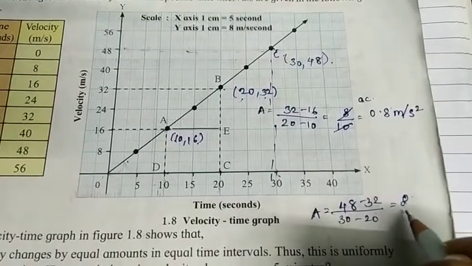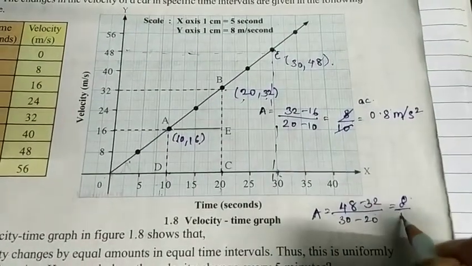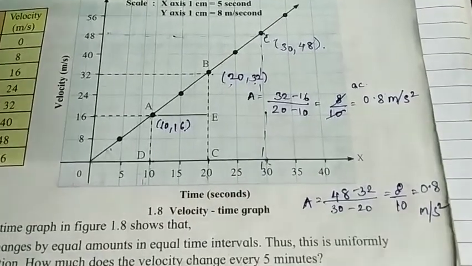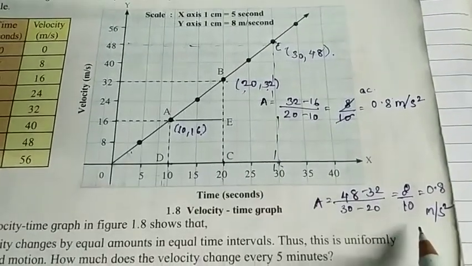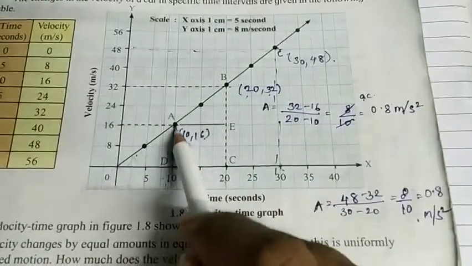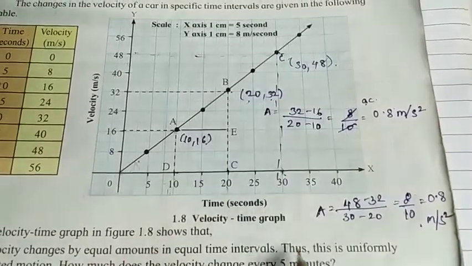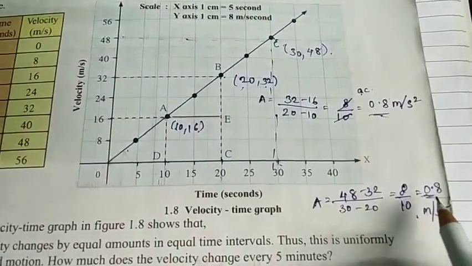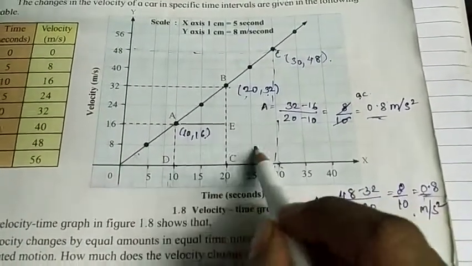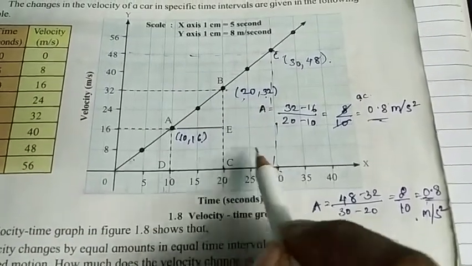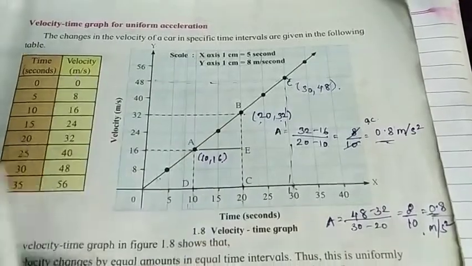Again the same, the difference is 16 upon 10, 1.6 meter per second square. You can see the acceleration between points A and B and between B and C is the same, 1.6 meter per second square. So we can say that the acceleration is constant, and you can call it uniform acceleration.